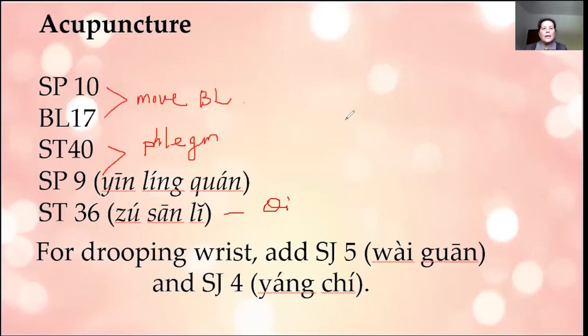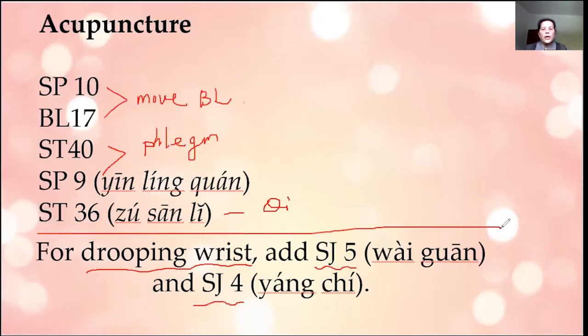It's a mixed pattern, deficiency with excess conditions. If there is especially drooling in the west area, we can go to the Sanjiao channel to treat that problem. So that's just the modifications here.